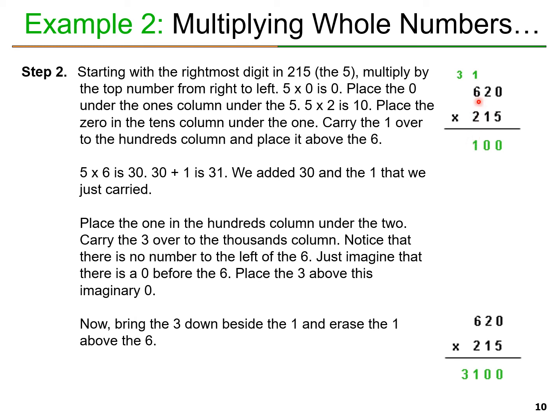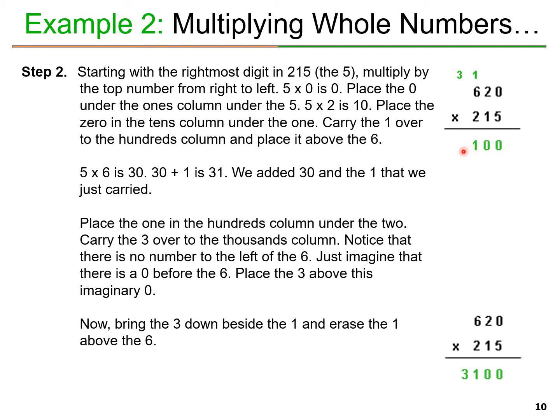Now we move to the third digit. So we multiply 5 times 0, and then we multiply 5 times 2. And now we continue moving from right to left. We multiply 5 times 6. 5 times 6 is 30. And we have to add the 1 that we carried from the previous multiplication. 5 times 6 is 30, plus 1 is 31.